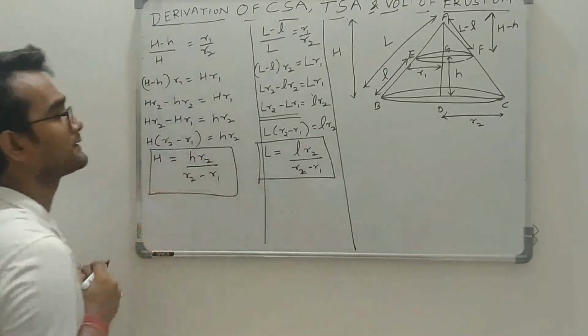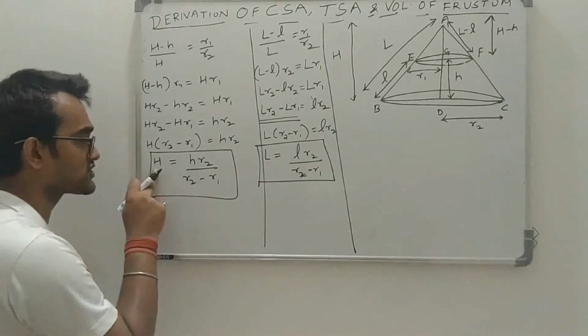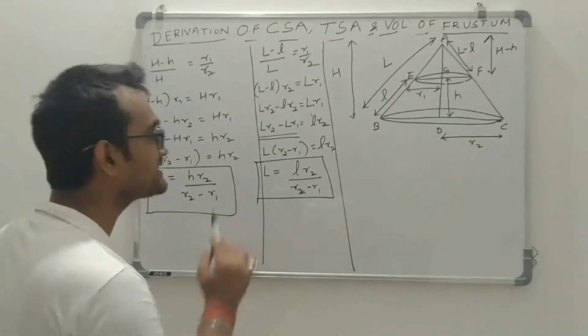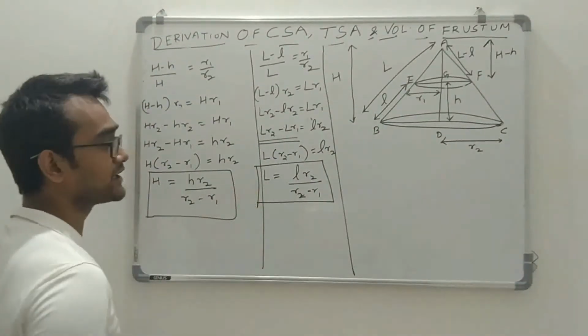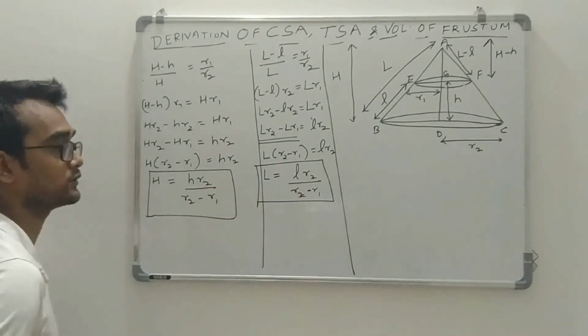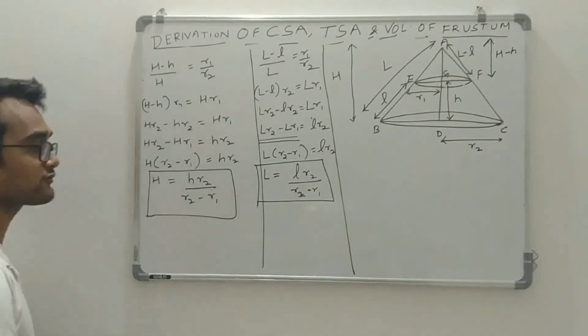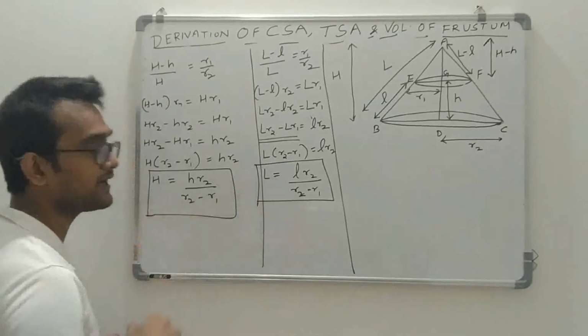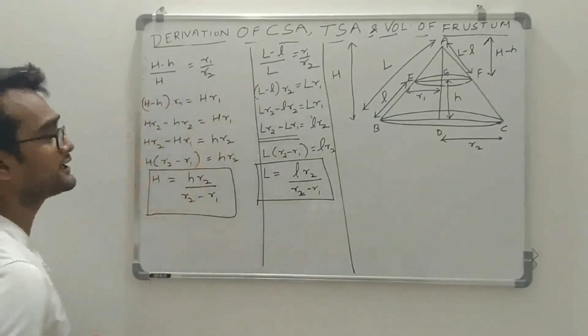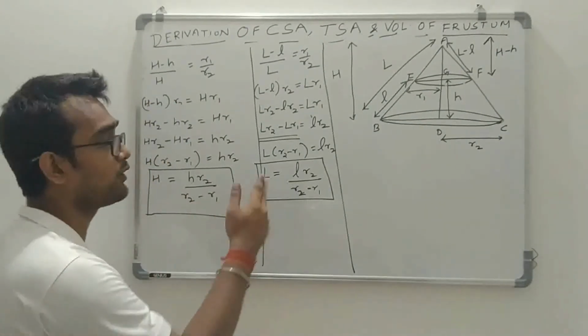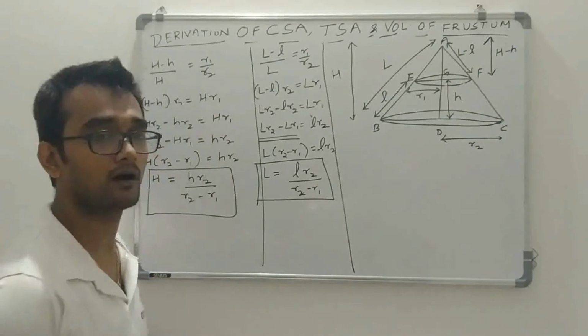So we have got the value of capital H in terms of small h, R1 and R2. I have extracted the value of capital L in terms of small l, R1 and R2. So friends, you must be thinking: why have I extracted the values of capital H and capital L from these two equations, instead of extracting the values of small h or small l or R1 or R2?